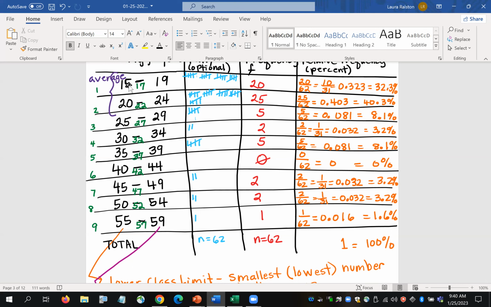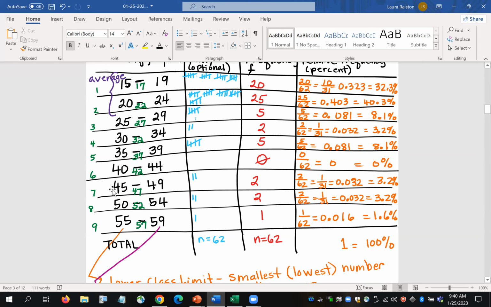Again, thinking about ages, for nice, neat numbers, I think of things that end in 5 or 0. So our lowest age was 18, so we started with a value of 15. We decided to count by 5s. We could have done 10s. We're open to various things.